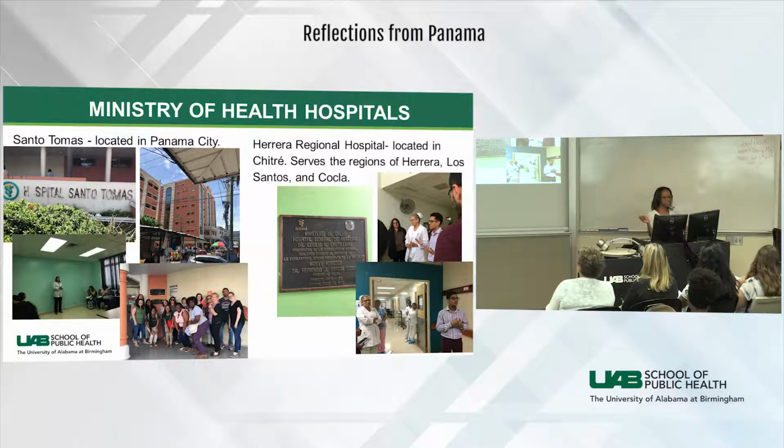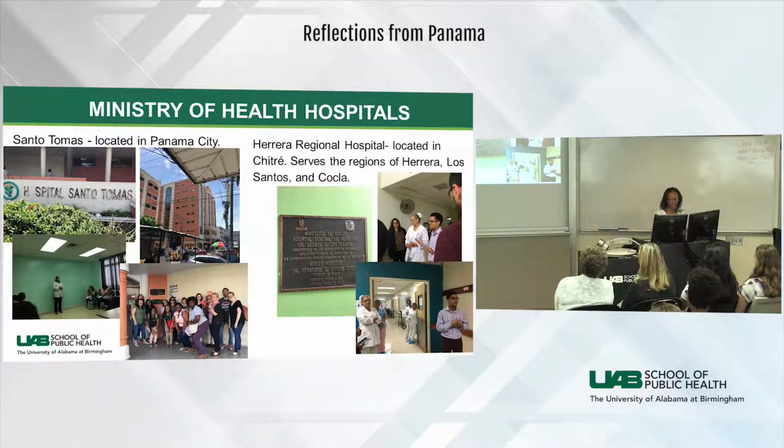And then we visited 2 Ministry of Health hospitals. The first one was Santo Tomas, which is located in Panama City. It is the largest public health hospital in Panama. And to give you an idea of the hospital size, it has 632 beds compared to UAB's 1,157 bed facility.